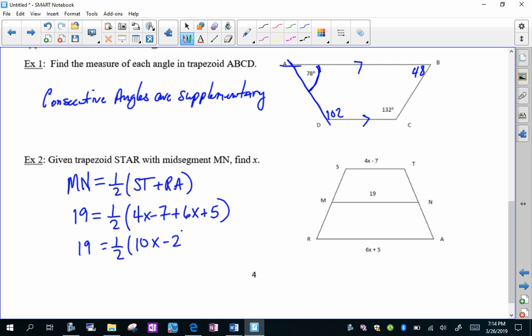I think everybody's good with that. Now I'm going to distribute my 1/2, and I'm going to have 19 equals 5x minus 1. I'm going to add 1 to both sides. I'm going to get 5x equals 20. Divide both sides by 5, and x equals 4. And that's my answer. All right, let's go to the next page.